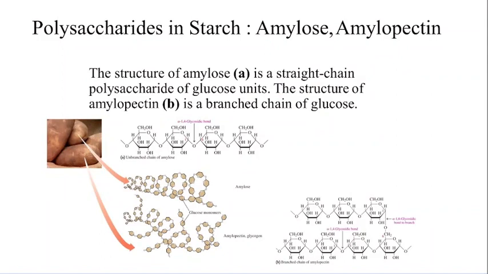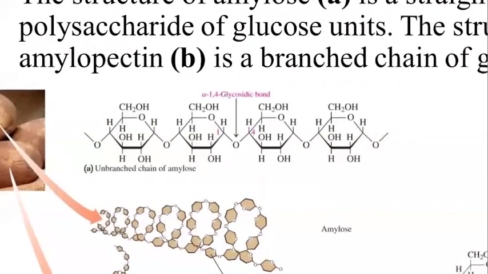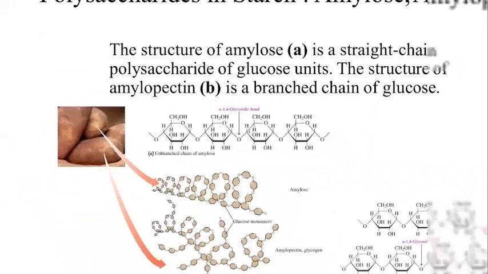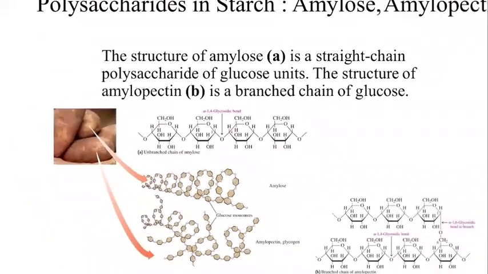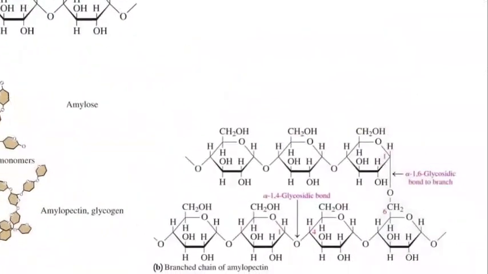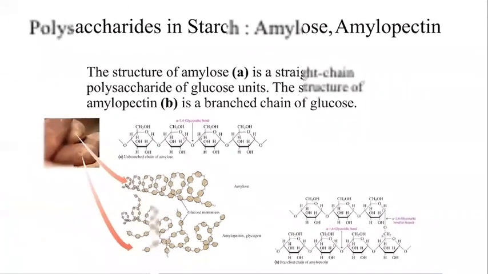What is the difference between them? Well, pretty much one is a straight chain of glucose that are linked together by alpha-1,4 glycosidic bonds, and that is what we find in amylose. Then we have another one that has that connection, but it has branches that are given by an alpha-1,6 glycosidic bond, and that is amylopectin, okay?